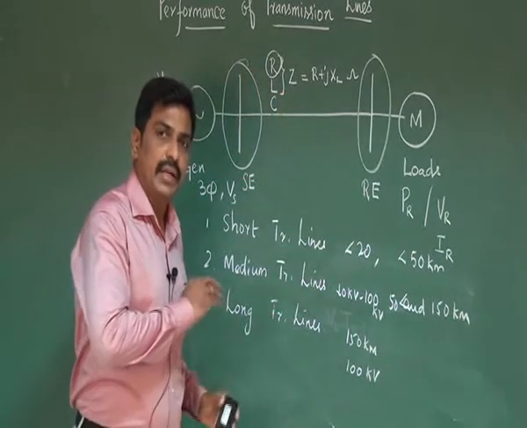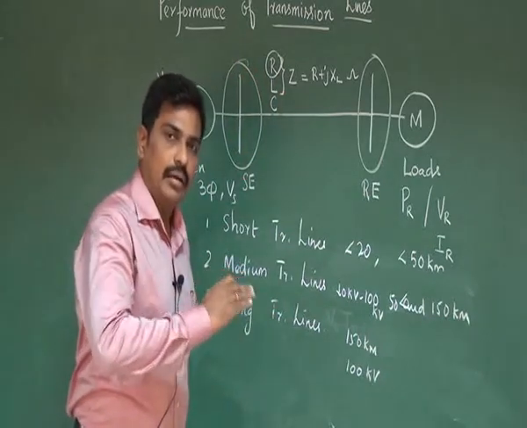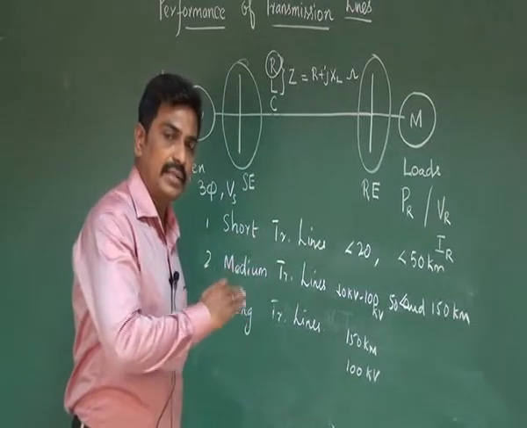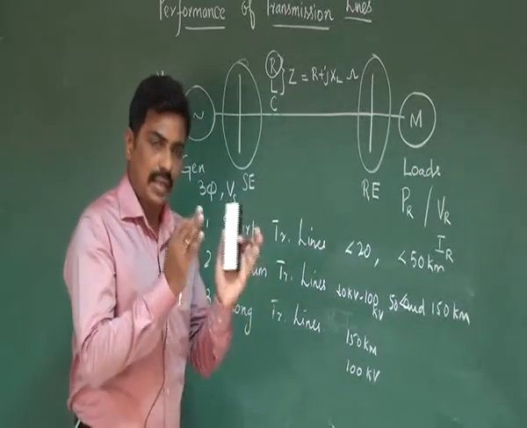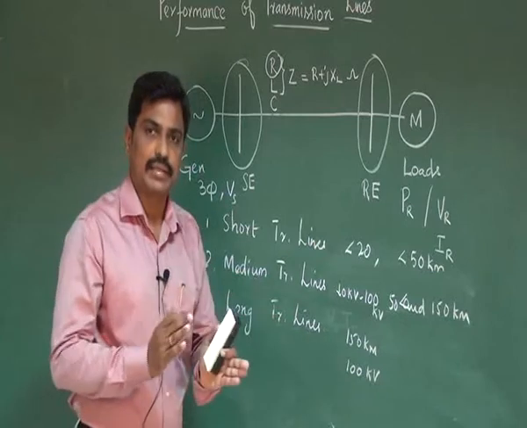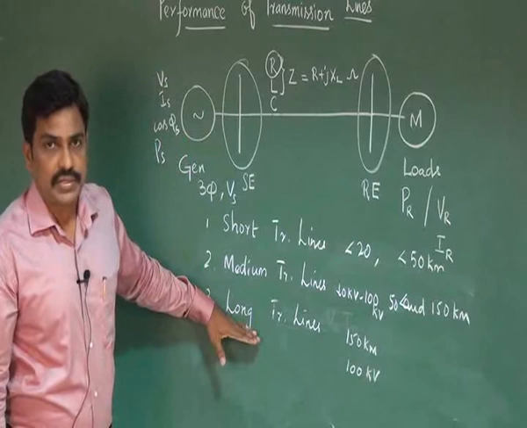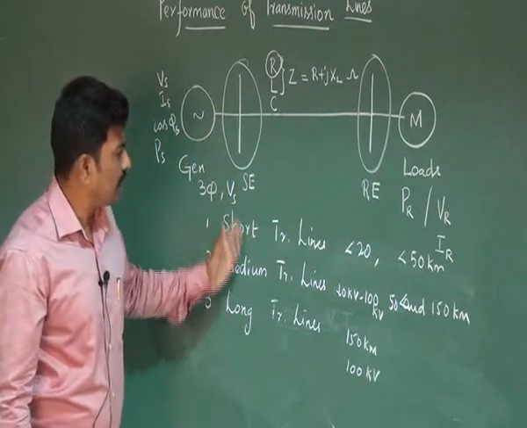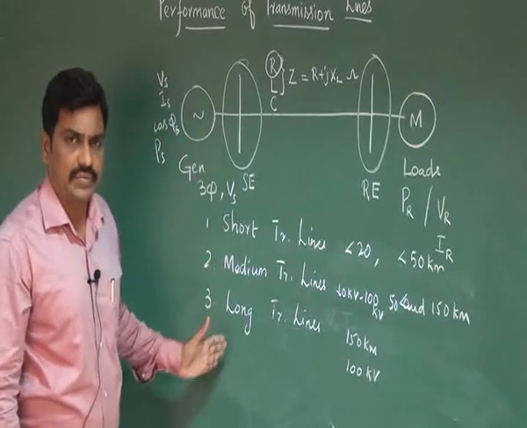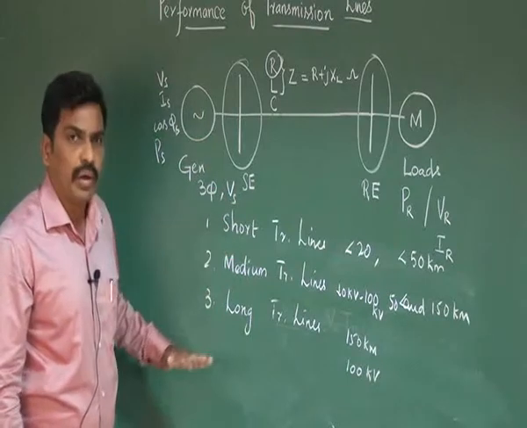That is, we need to consider all R, L and C. We need to consider the effect of capacitance as practically available in transmission lines. So after that you have to solve for the performance considerations. So knowing all these parameters, all these classifications, let me start one by one.